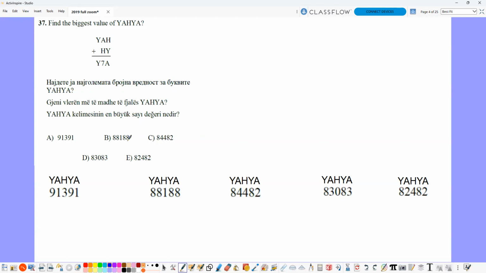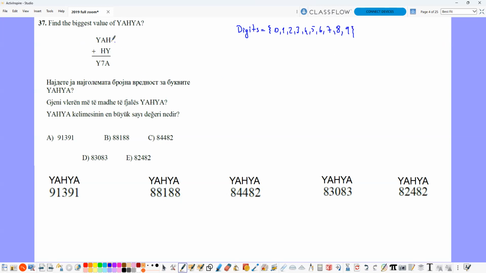Actually, there is only one answer here, so that's going to be the biggest value at the same time. When I say digit, what I mean is 0, 1, 2, 3, 4, 5, 6, 7, 8, and 9.